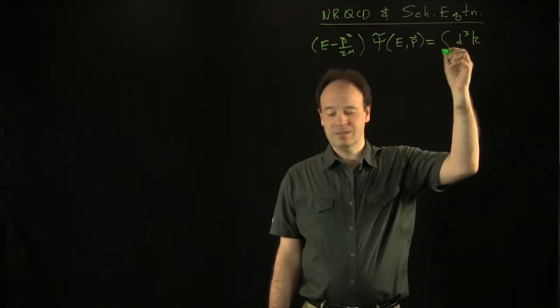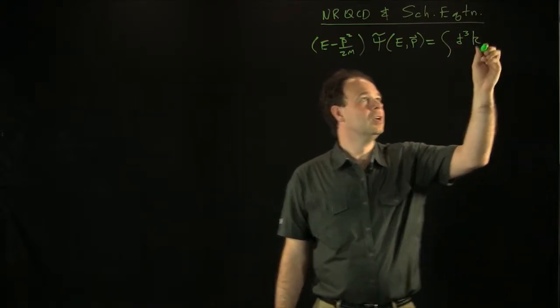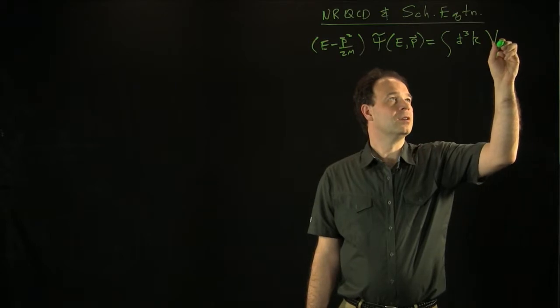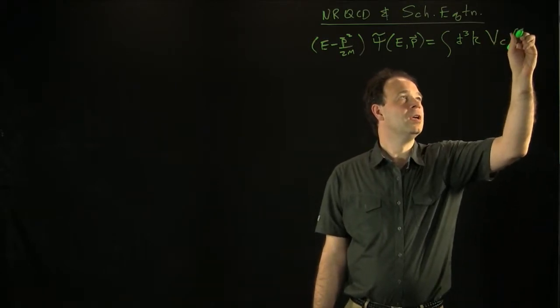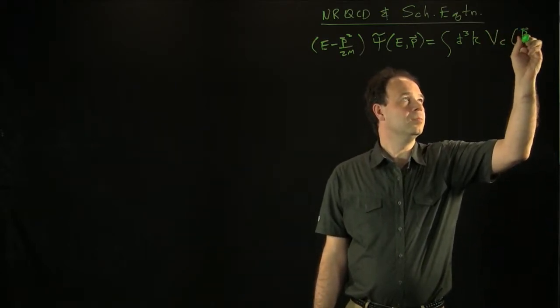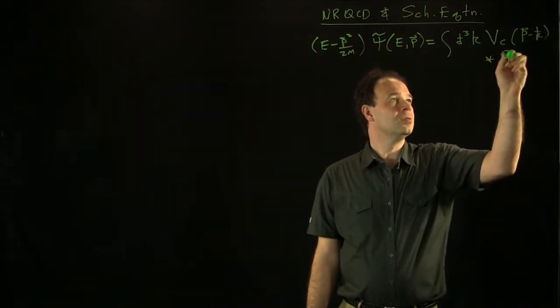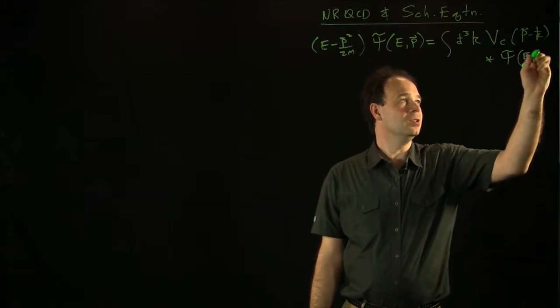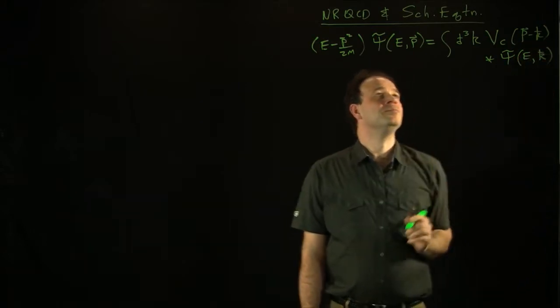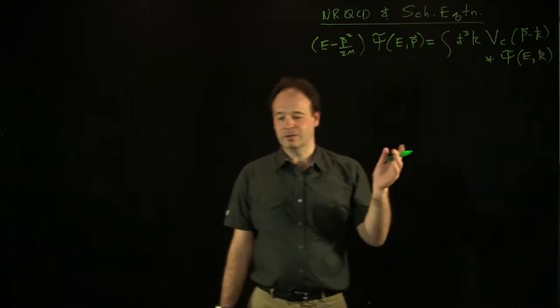But in momentum space, this becomes a convolution instead of a product. So we have our Coulomb potential, and it's a function of p minus k. And then it's times the wave function. But now the wave function is energy E and momentum k. OK, so that's our non-relativistic Schrodinger equation.